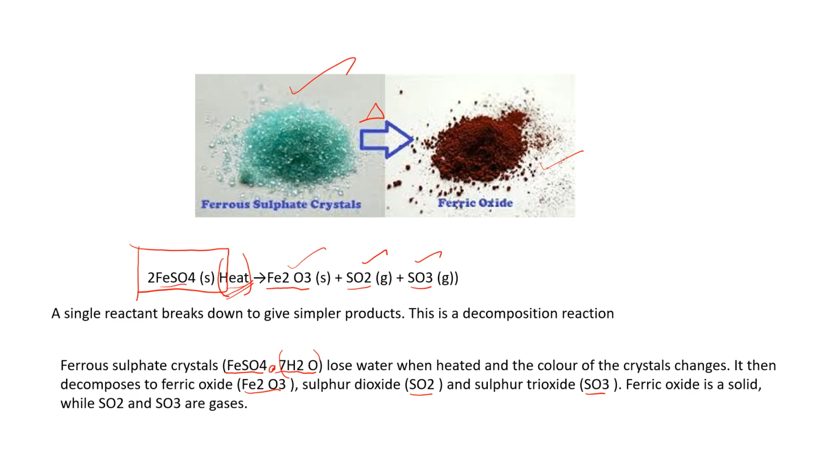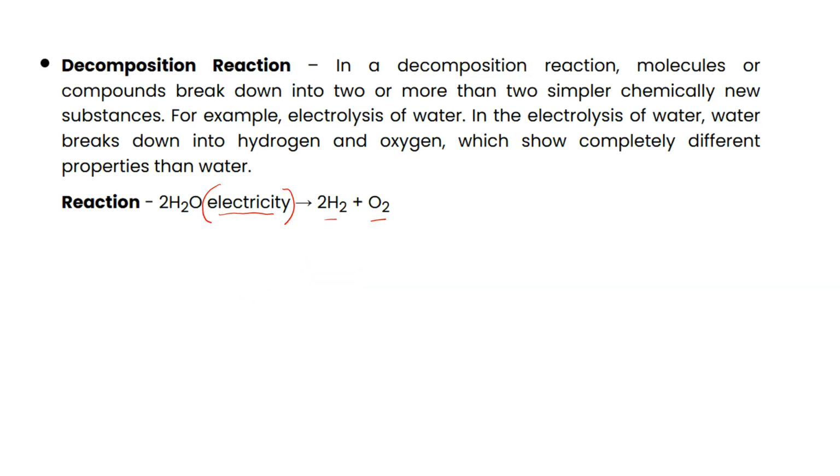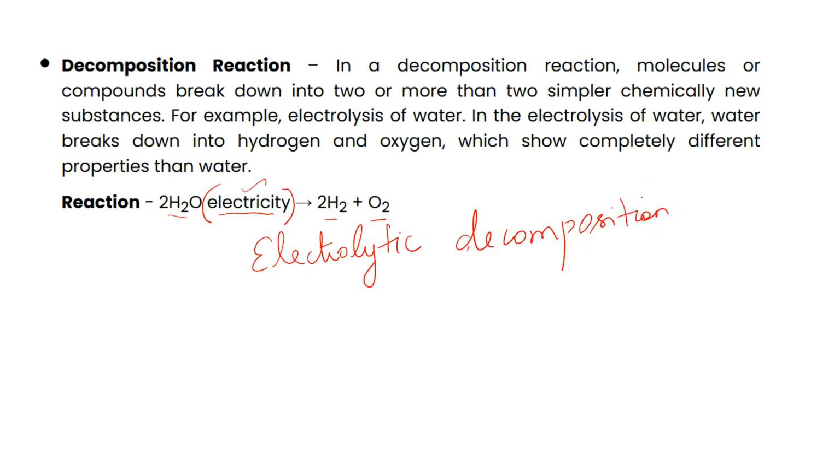The previous one which we saw, where water decomposes into two simpler substances when you're passing electricity, we can classify as electrolytic decomposition. Because we are passing electric current, decomposition occurs.